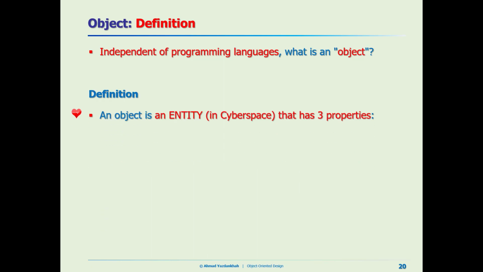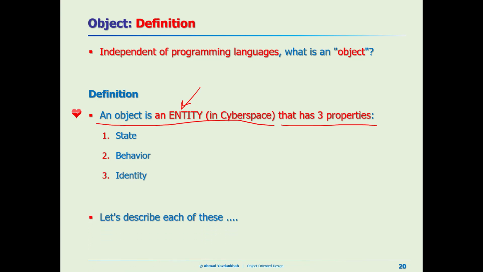So an object in cyberspace is an entity, and it has three properties. The first property is called state. So each object has a state and behavior and identity. Let me describe each one in detail in the next slides.